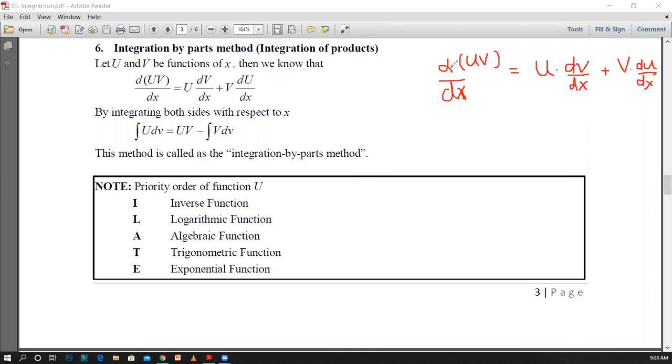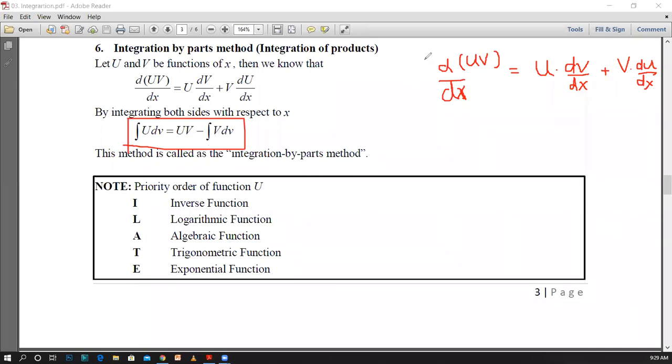Now, what we are going to do is integrate this function on both sides. Then the integral of both sides with respect to x gives the final result as integral of u dv equals uv minus integral of v du.